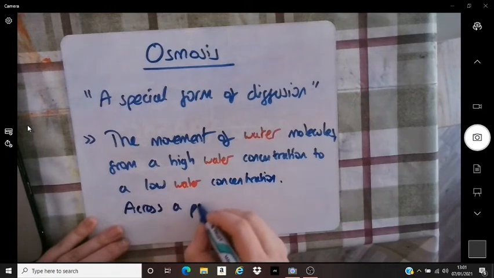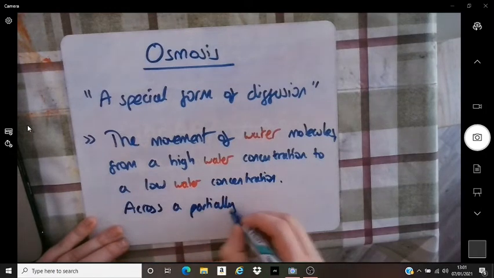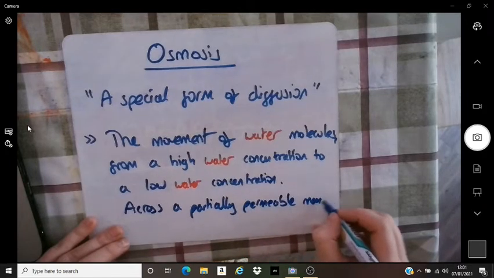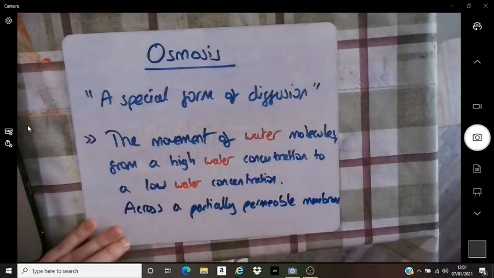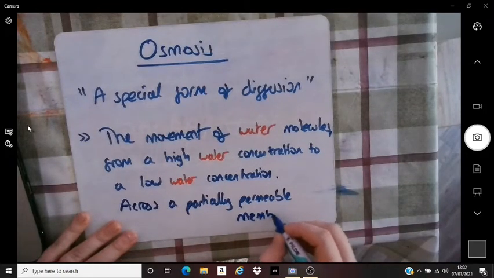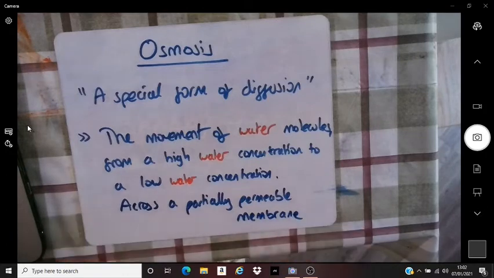Across a partially permeable membrane. I'm going to do that underneath, it's not very clear. Across a partially permeable membrane.